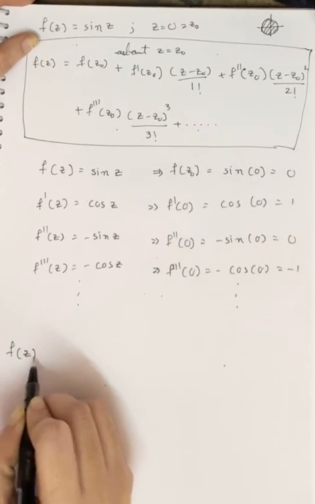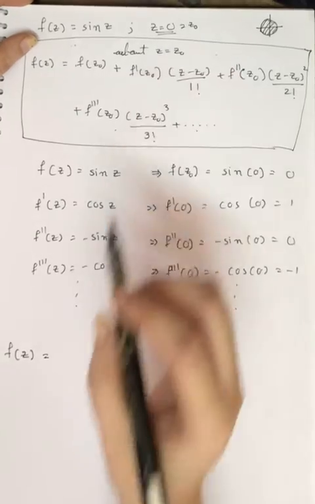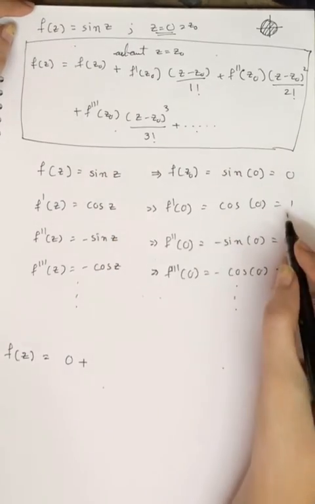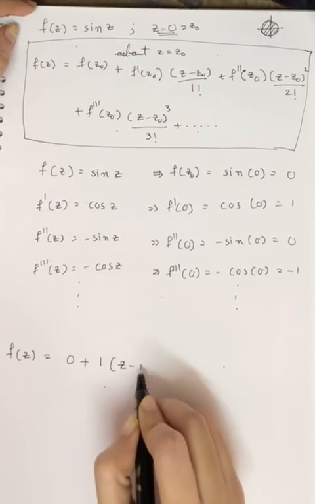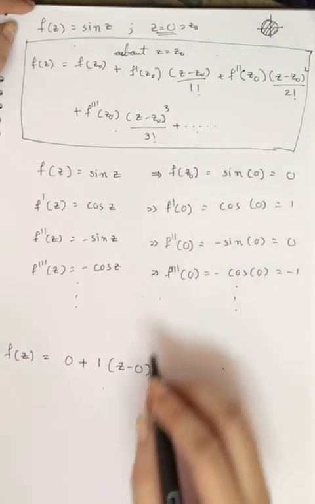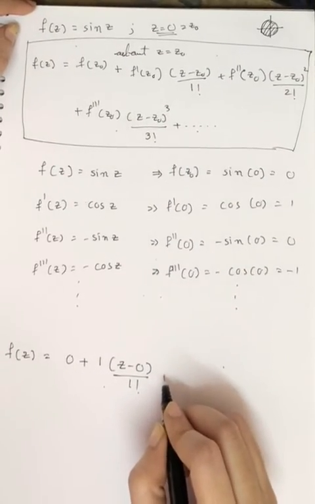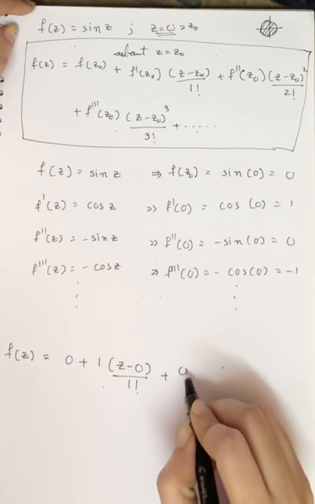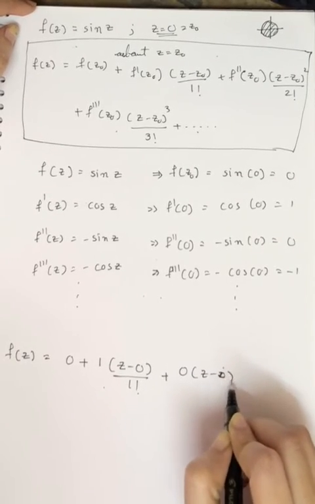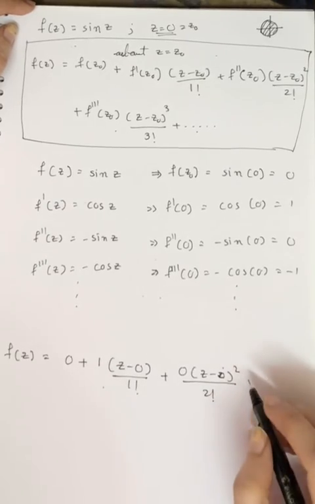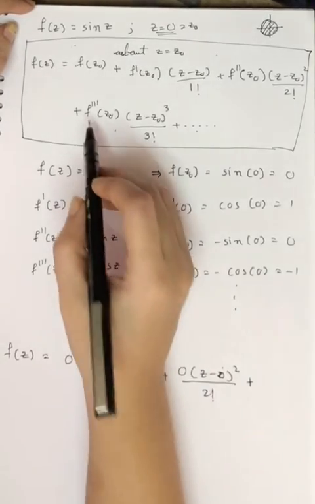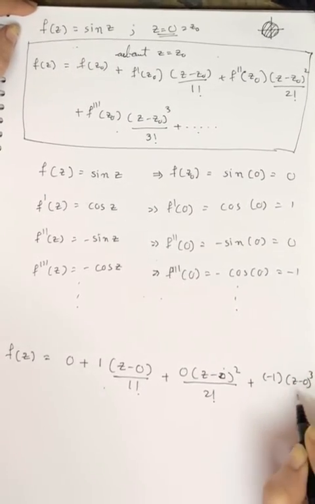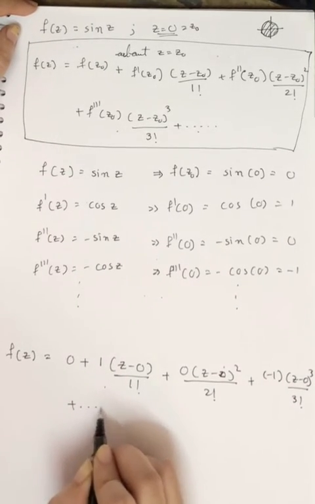So now we can write that f of z about z equals 0 will become f of z0, which we already have here. f prime of z0 is 1 into z minus 0, because z minus z0 upon 1 factorial, plus we have f double prime, which is 0, into z minus 0 whole squared upon 2 factorial, plus f triple prime, which is minus 1 into z minus 0 whole cubed upon 3 factorial, and so on.